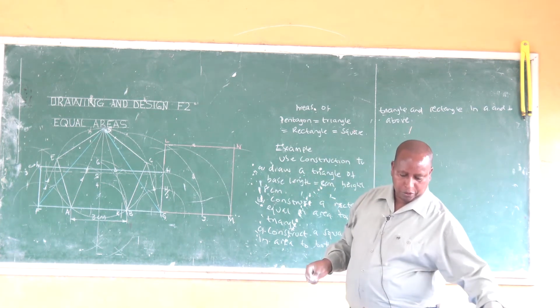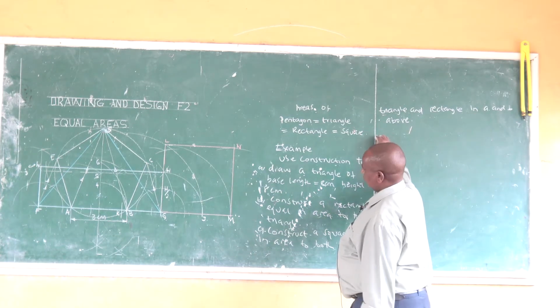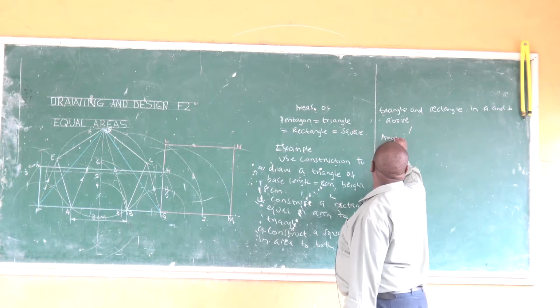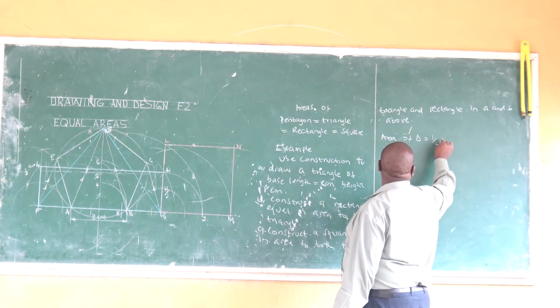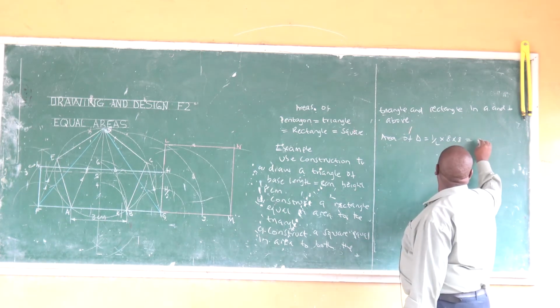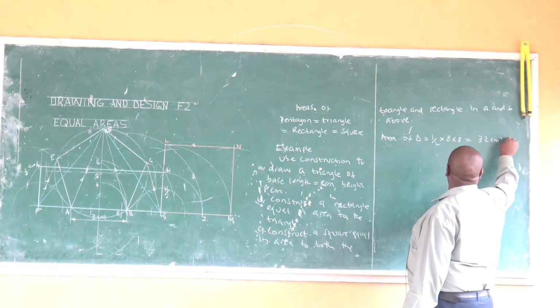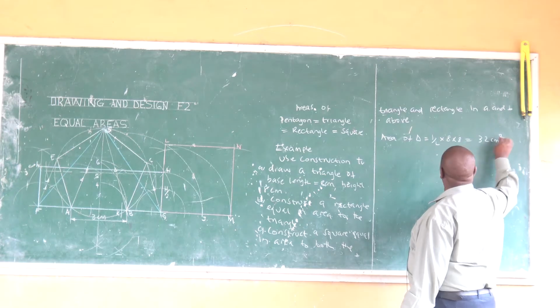We should be able to know that the area of the triangle is equal to half multiplied by 8 multiplied by 8, which is equal to 32 centimeters squared.